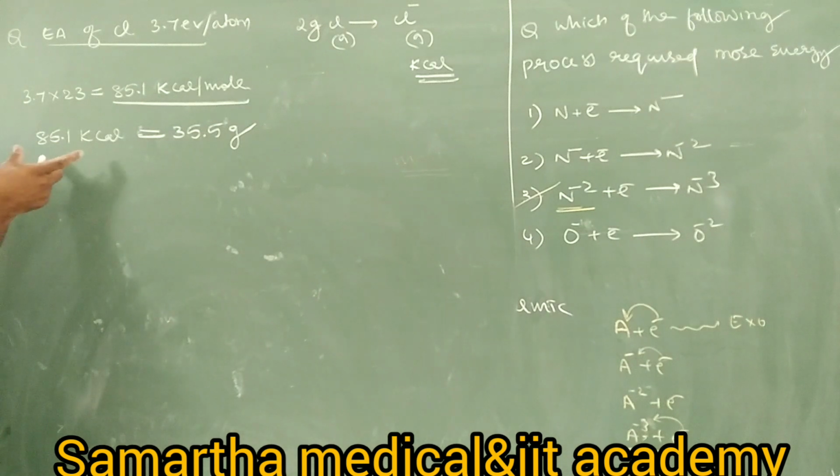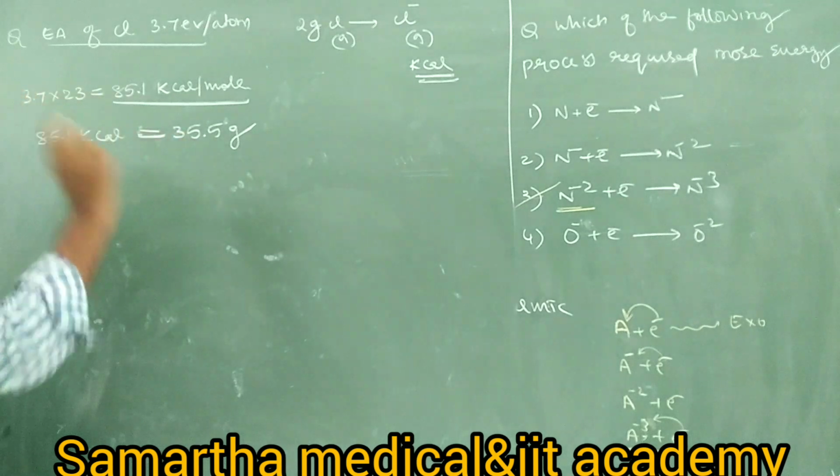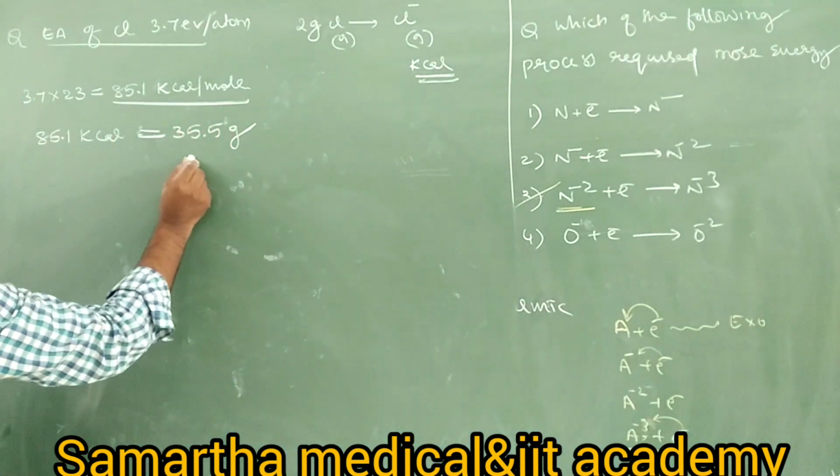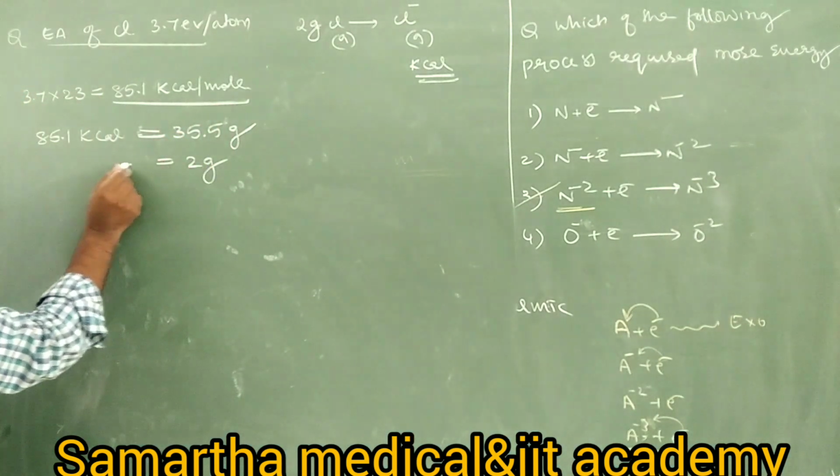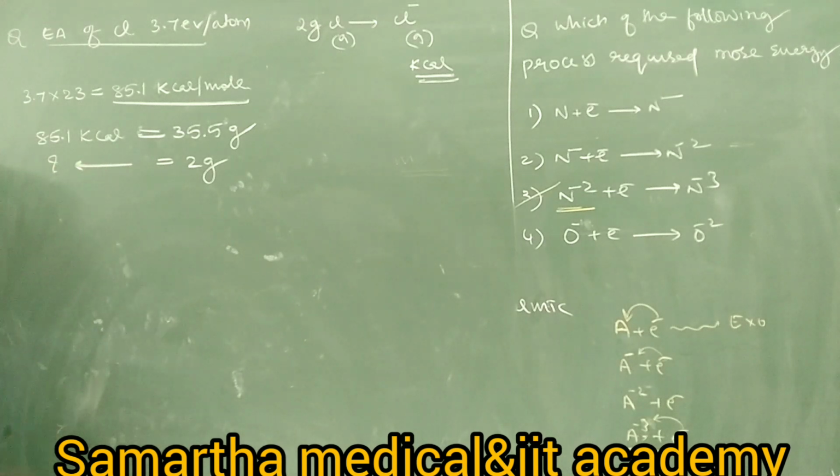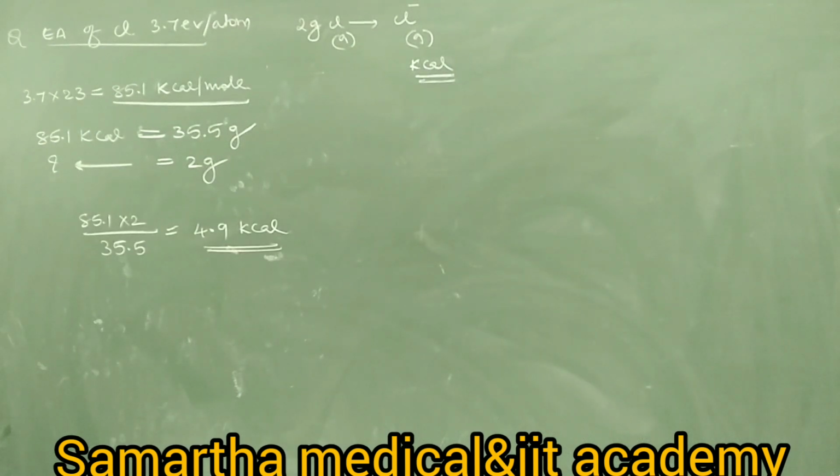Therefore, this much energy is for 35.5 grams, but the question is how much energy for 2 grams of chlorine, right? You can do, no? 170.2. Yes. So it is approximately 4.9 kilocalories per mole.